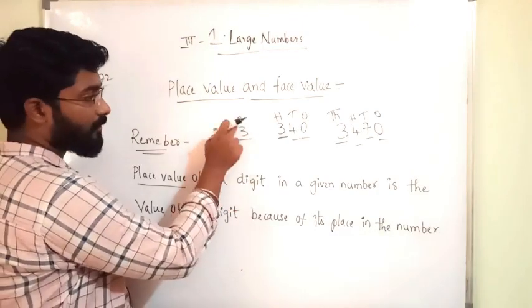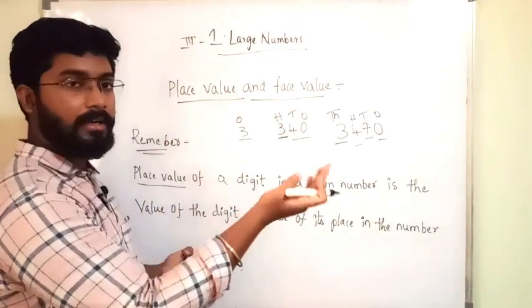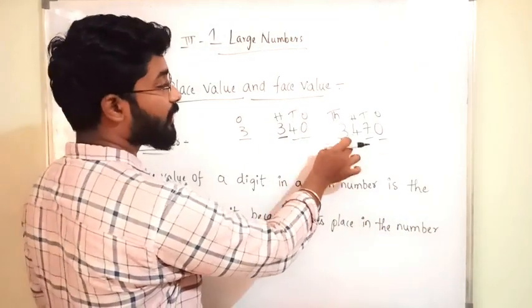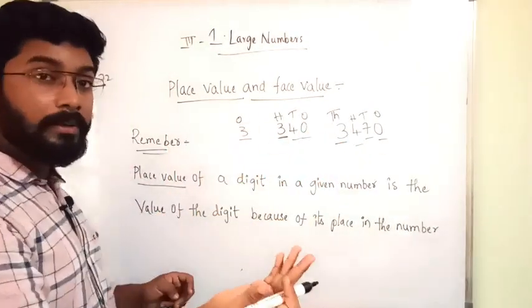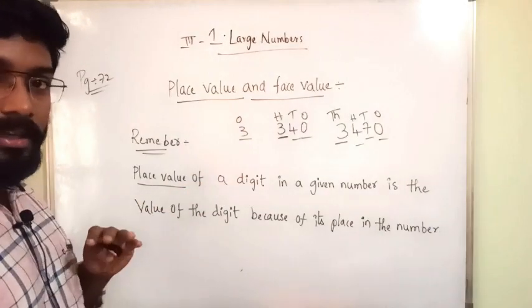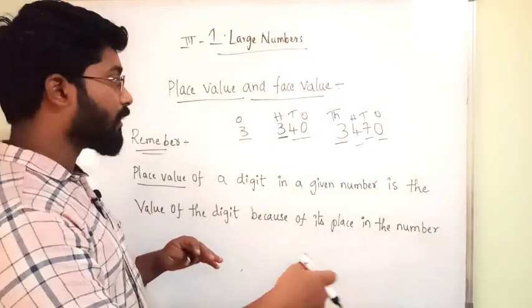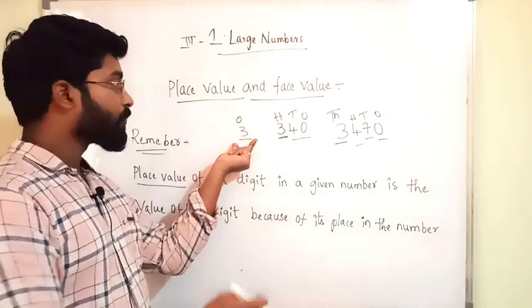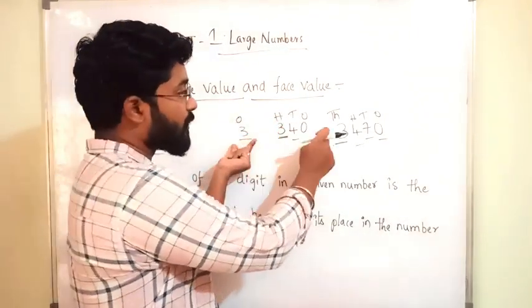Here 3 is in ones place, so place value will be different. 3 is in hundreds place, the place value will be different. Here 3 is in thousands place, so place value will be different. What are these values? We will talk about it in the next subsequent discussion. But here, according to the place, this is ones place, this is hundreds place, this is thousands place.